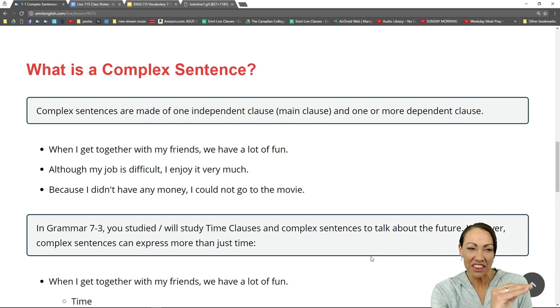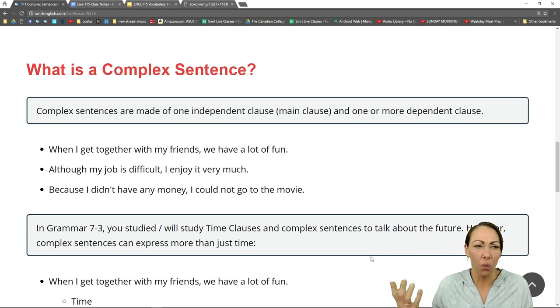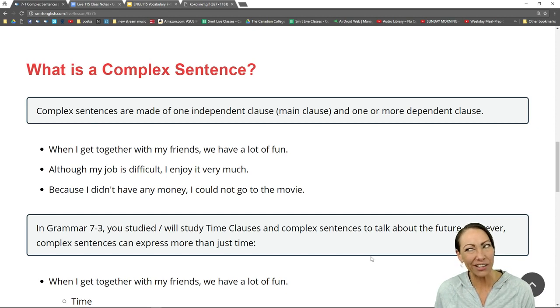We had these before, now we've finished these sentences. Complex sentences: When I get together with my friends, we have a lot of fun. Great! As I asked before, when I get together with my friends, well, what happens? I need more information in order for that to be a full sentence and make sense.